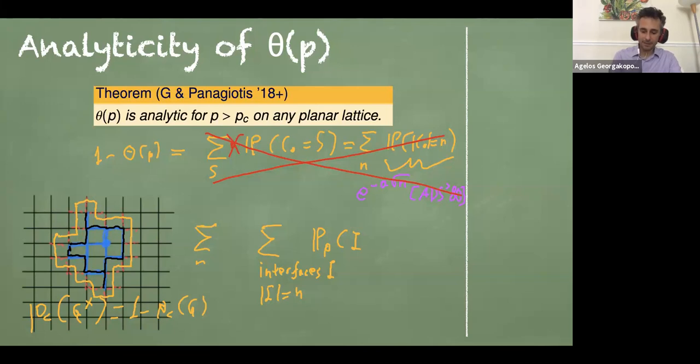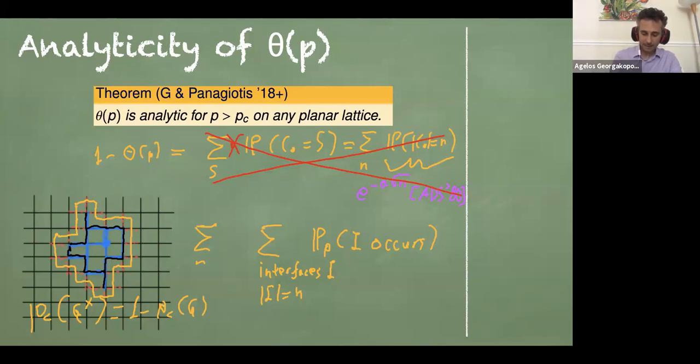But this is not a nice polynomial. In order to check if this happens, I need to check the state of all edges inside here. So I could write down that event, but it's not an event that's good to work with. I will not get exponential decay. So instead, I just want to look at the edges of I. I'm summing over all candidates for this black set, all possible interfaces that could form the interface of my cluster.